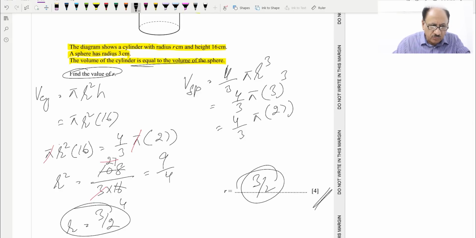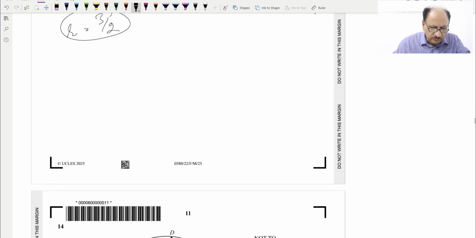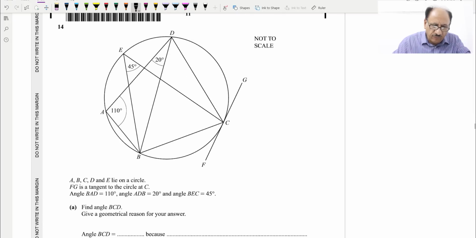Hopefully you understood this. Now this is question number 14, circle theorem question, and they are saying diagram is not to scale. A, B, C, D, E lie on the circle. FG is the tangent. This one is the tangent, and angle BAD is 110. This angle is 110, and angle ABD is 20.